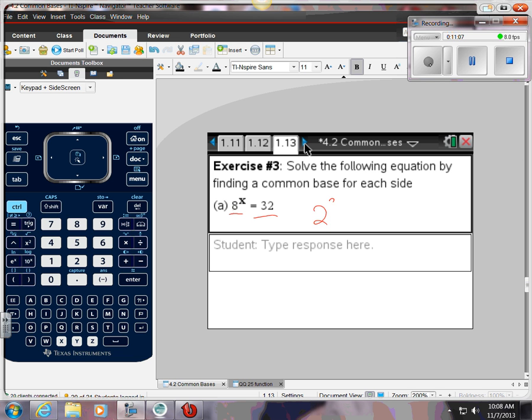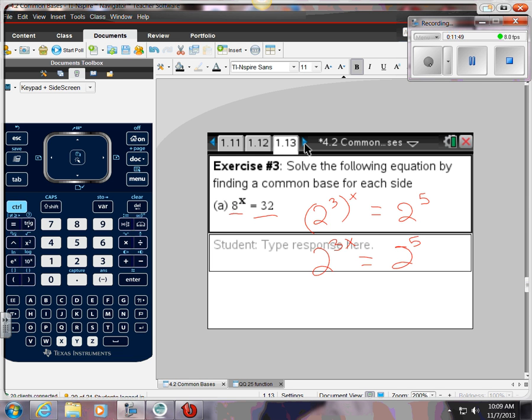Okay. 2 cubed raised to the x equals 2 raised to the 5th. Yep. Now on the left-hand side, I have a power raised to a power, so multiply: 2 to the 3x equals 2 to the 5th.